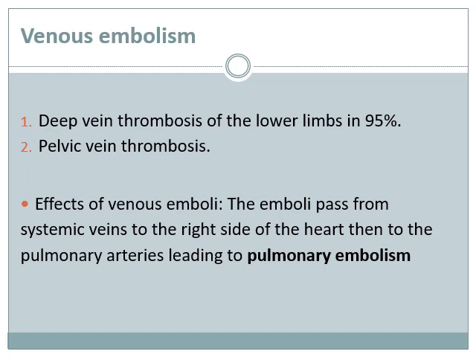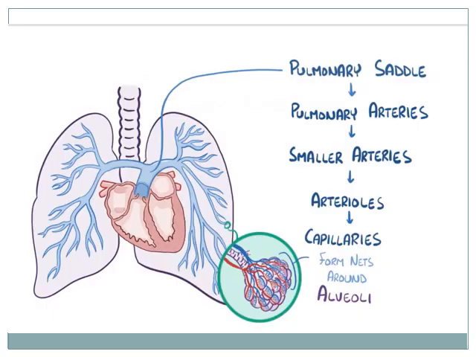The effects of venous emboli: the emboli pass from the systemic vein to the right side of the heart, then to the pulmonary arteries, leading to pulmonary embolism. هنا هذه الصورة نشوف بيها lungs and the heart with the circulation of the lung. فهنا عندي مهم أعرف هذه circulation لأنه من خلالها راح نعرف pulmonary embolism والeffects of pulmonary embolism.